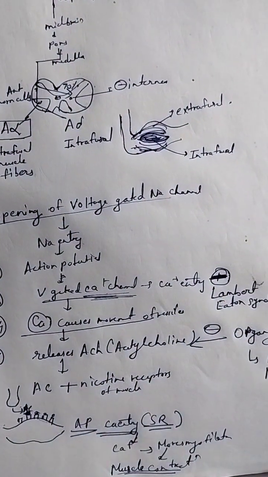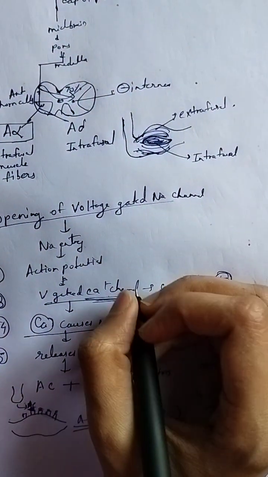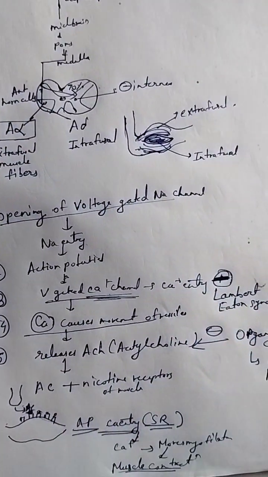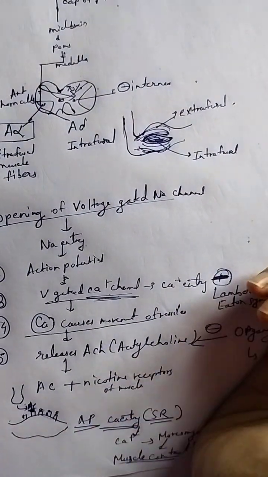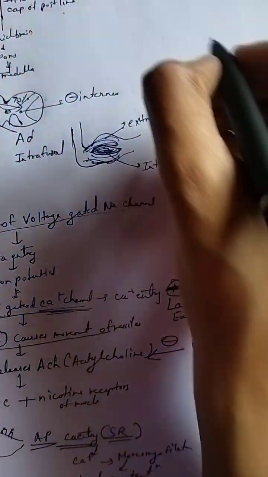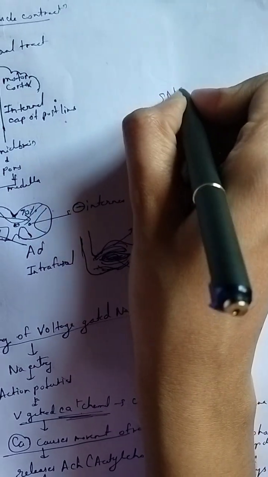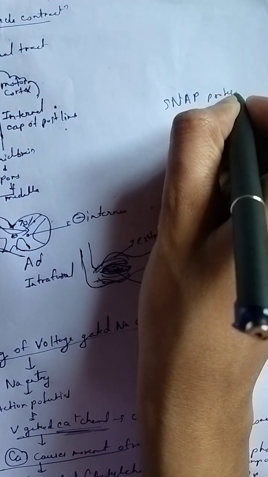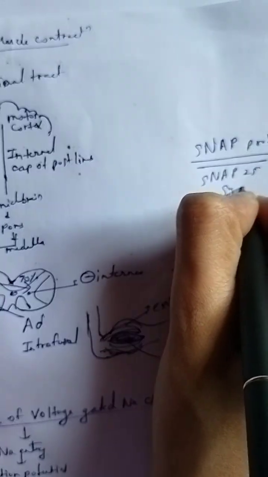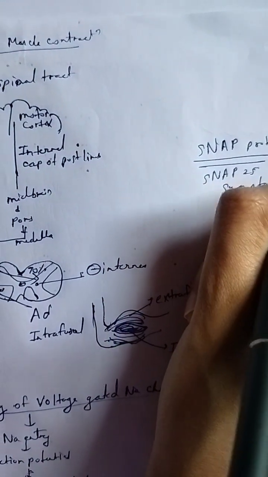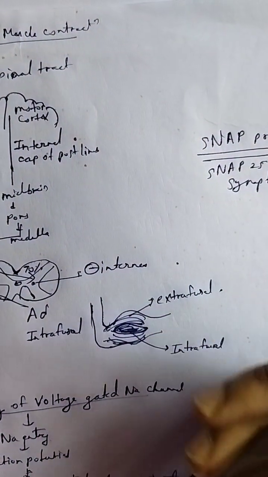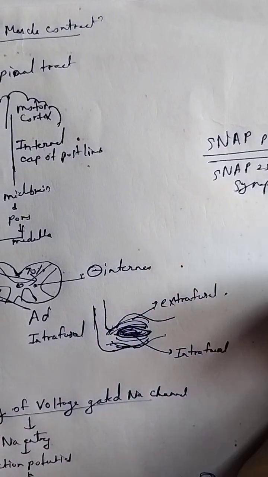When inhibition of the SNAP protein is there, no acetylcholine is released and there is no contraction, and we see flaccid paralysis due to Clostridium botulinum. What is the SNAP protein? SNAP proteins have various names: SNAP-25, synaptobrevin, synaptotagmin, also SNAP path.